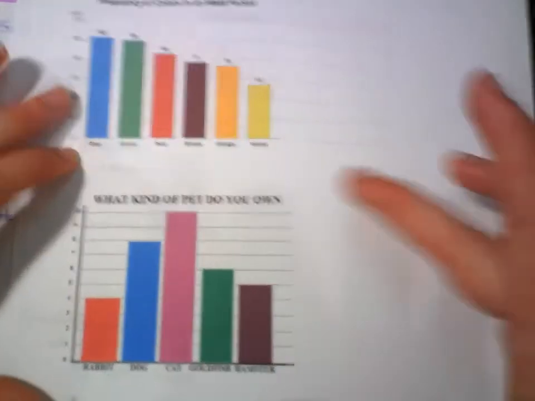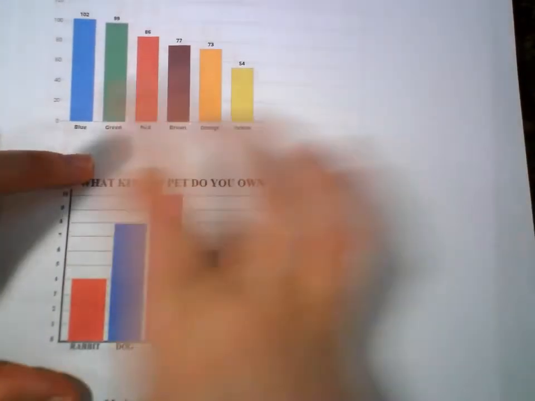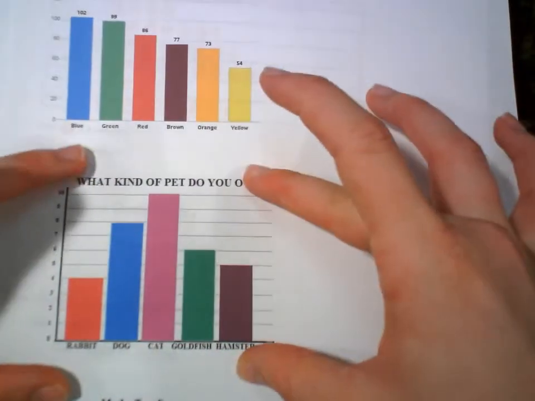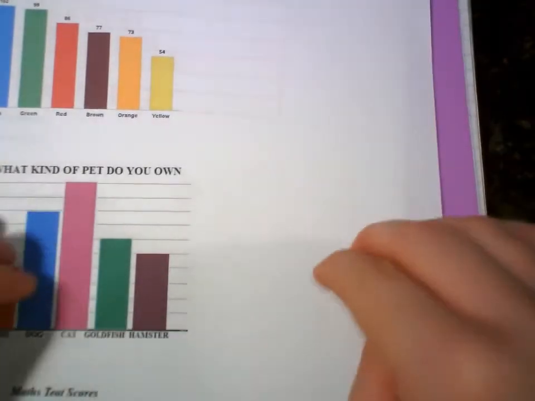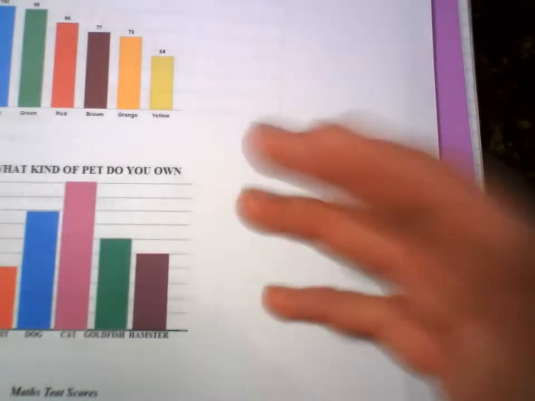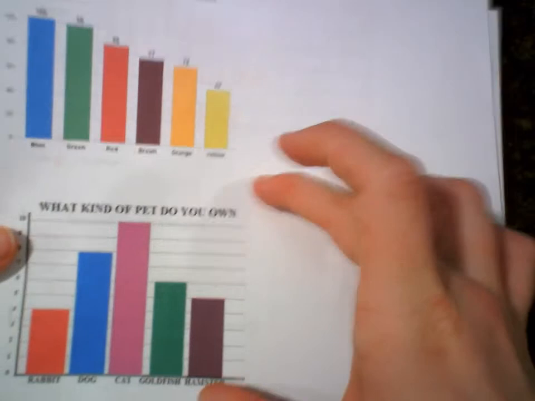So if we had, what kind of pet do you own? And this was Miss Fry's first period. And then we had another bar chart right next to it, and it was my second period, and we could compare them. But to properly be able to do that, you have to be able to analyze the data distribution with just one distribution given.